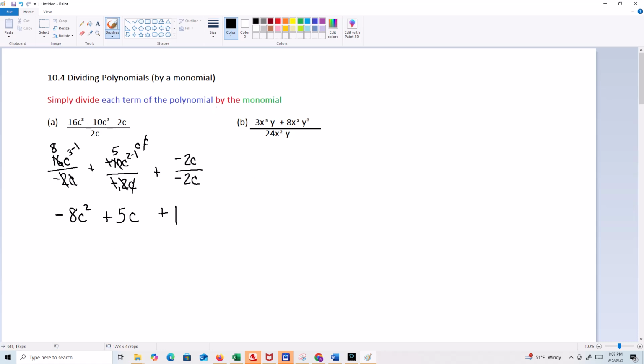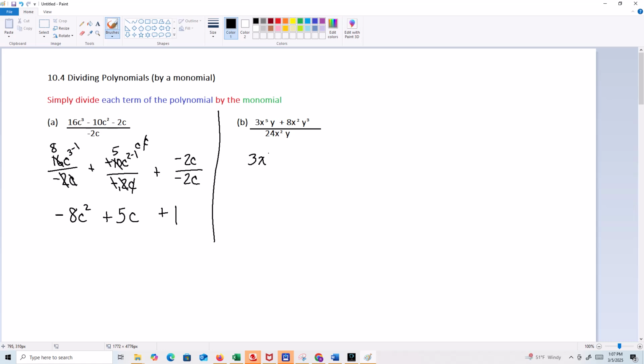All right, looking at example B, we have a polynomial expression that's actually a binomial in the numerator. It's only got 2 terms. And then it's divided by a monomial. There's only 1 term in the denominator. So we can use the same method.